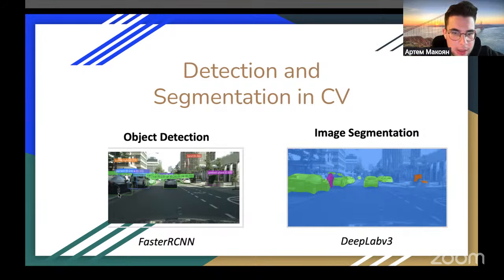A bounding box is a rectangle whose axes are parallel to the sides of the image. So the output of a detection model is a set of bounding boxes with objects inside.